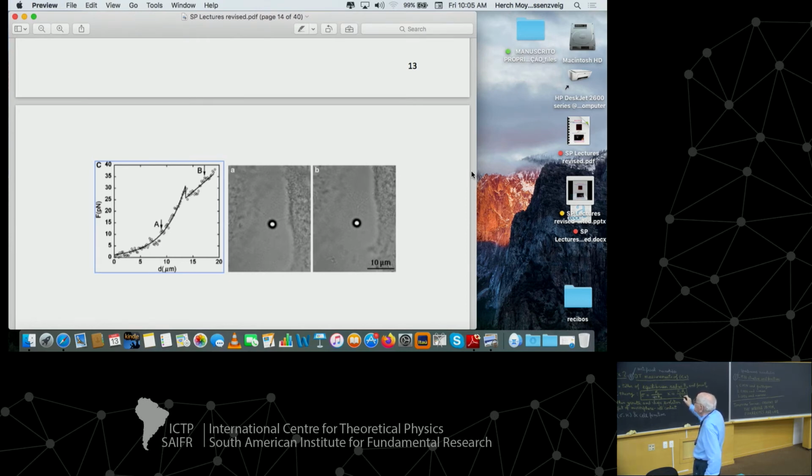Here is the microsphere, and we're pulling on the TNT itself. And you can see that as you pull, it sort of gets in a V-shaped form, okay? As if you were having something dropping.